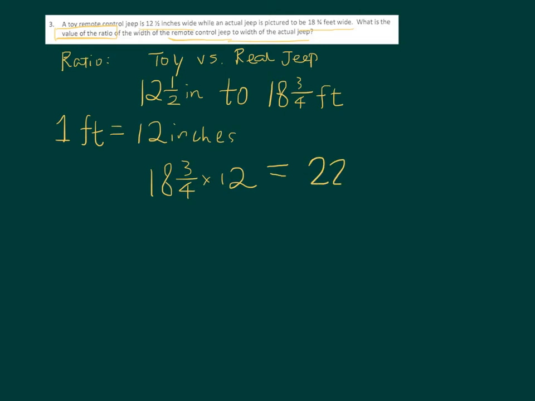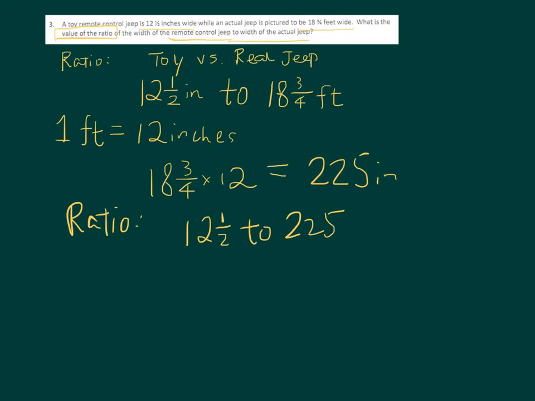So 225 inches. Okay, so now let's rewrite this ratio with the same units. So the ratio is actually 12 1/2 inches to 225 inches. And since they're both in inches, I can omit the unit here just to write the ratio.